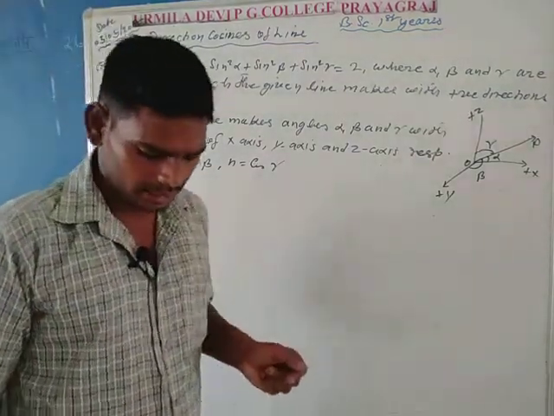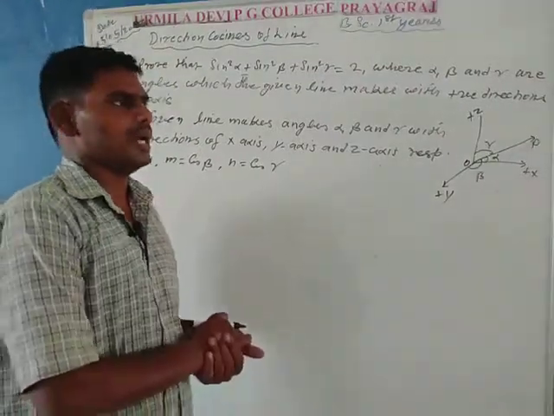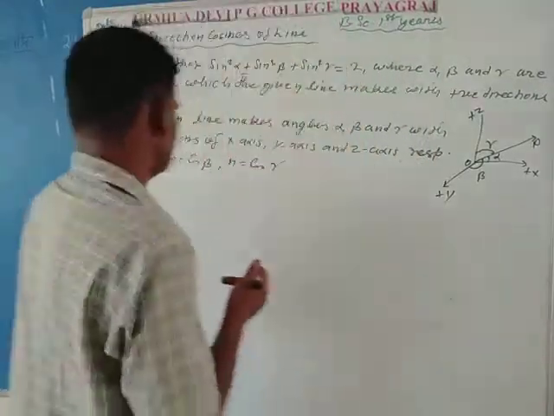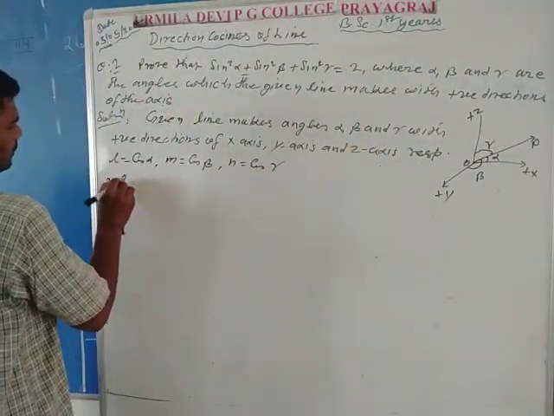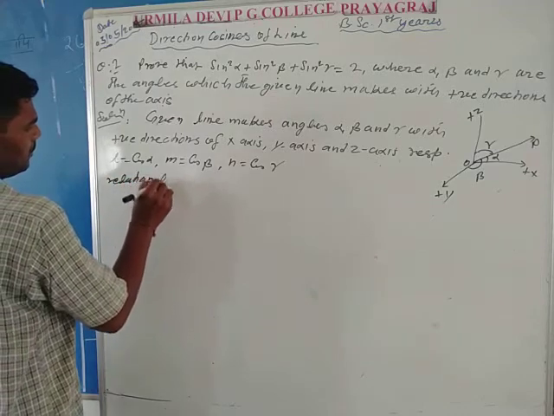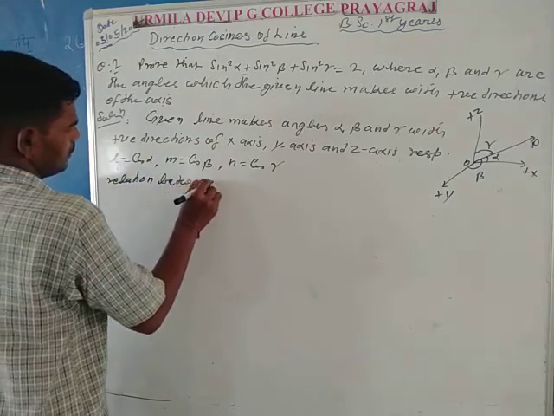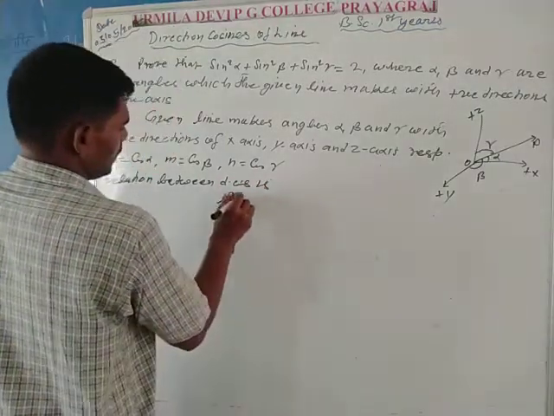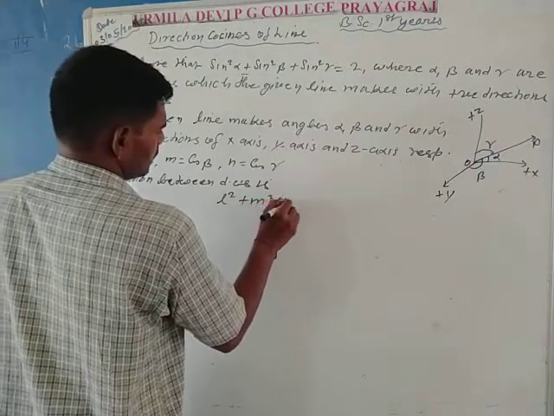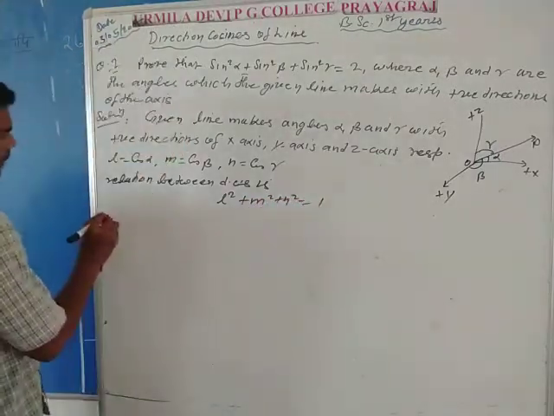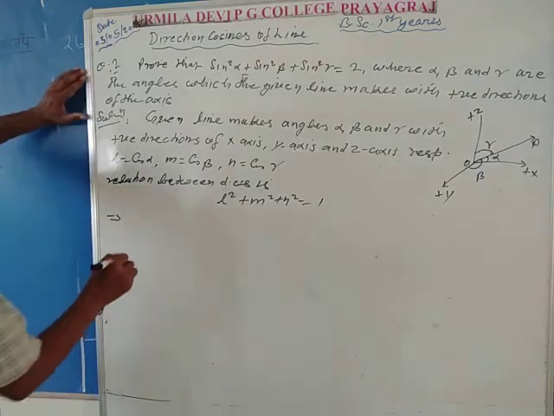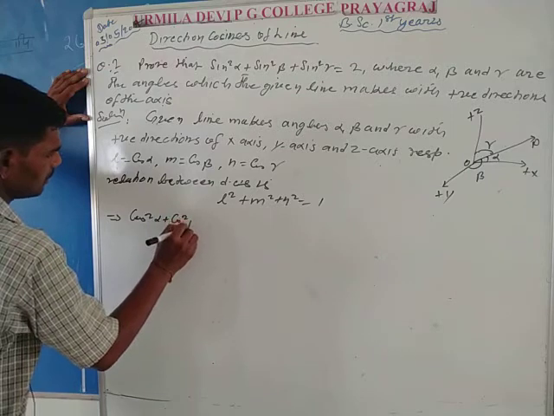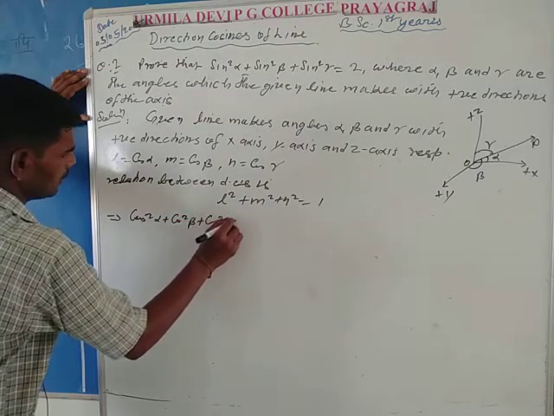From article 2, you know that the relation between direction cosines is l square plus m square plus n square is equal to 1. Putting the values of l, m, n, we get cos square alpha plus cos square beta plus cos square gamma is equal to 1.